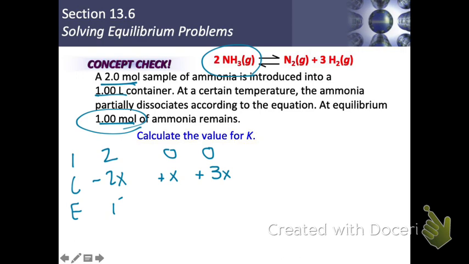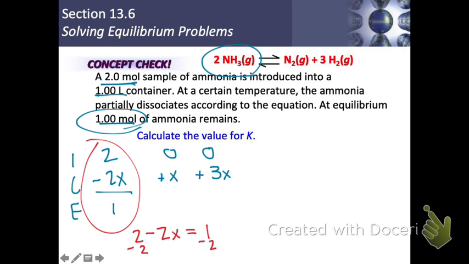Do I need to bother going through the whole K equals equation, or can I just use this information here to solve for x? I think you can just do that. If I know that 2 minus 2x equals 1, minus 2 gives me negative 1 equals negative 2x, so x is just equal to 0.5.